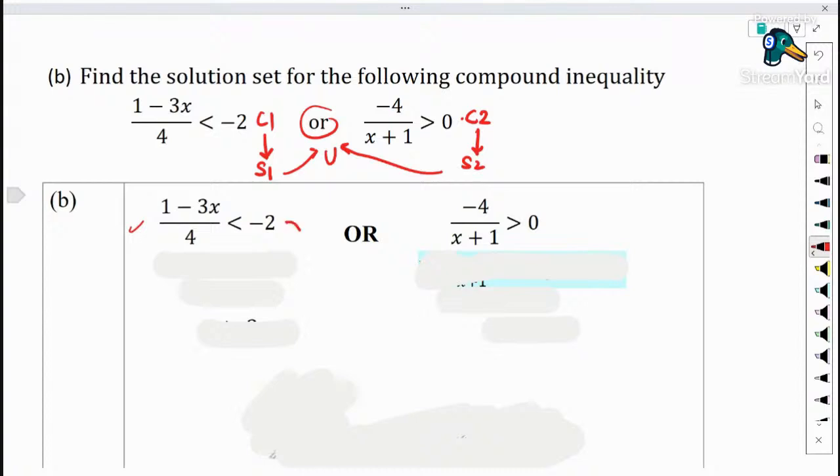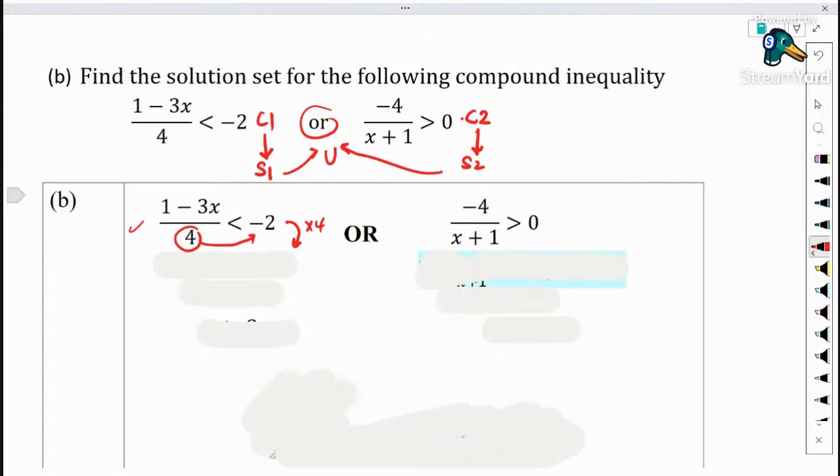The next step is that I would like to multiply by 4. Or some of you may think of it as bringing this 4 up. Why can I bring this 4 up in this case? Previously it was said that you cannot simply bring something down to up, because you don't know whether the term you multiply is positive or negative.